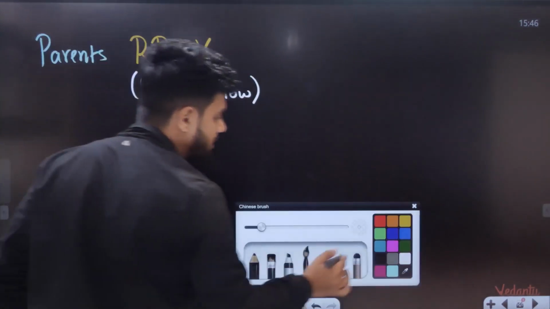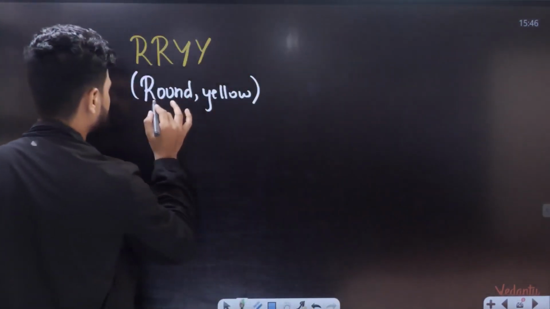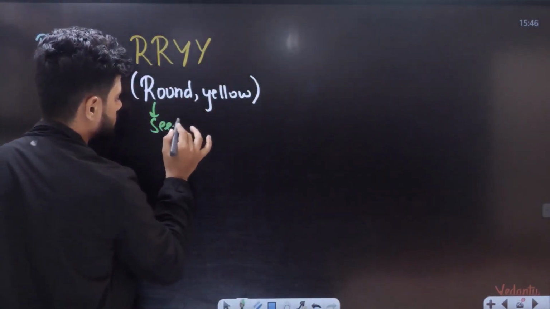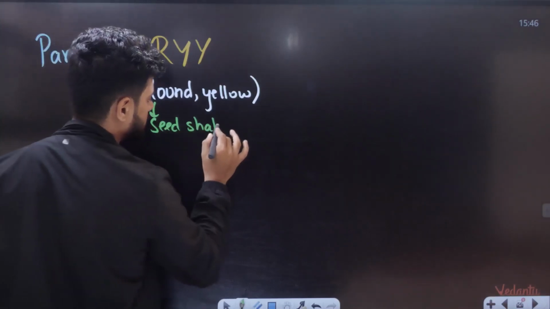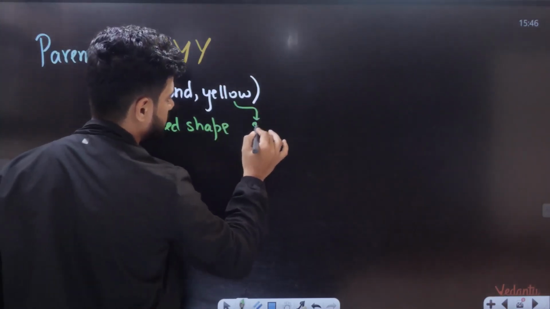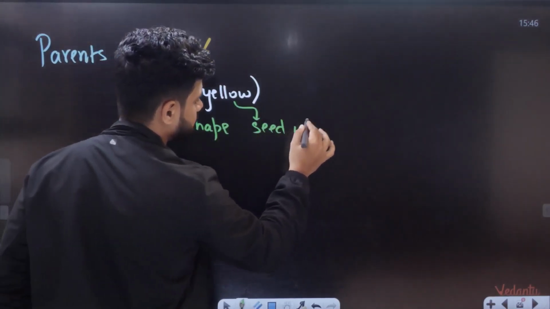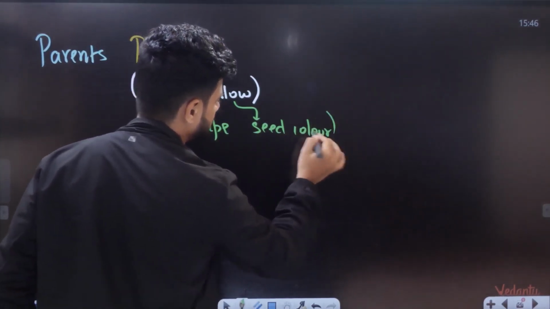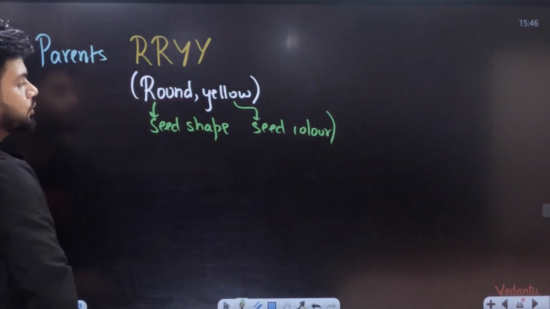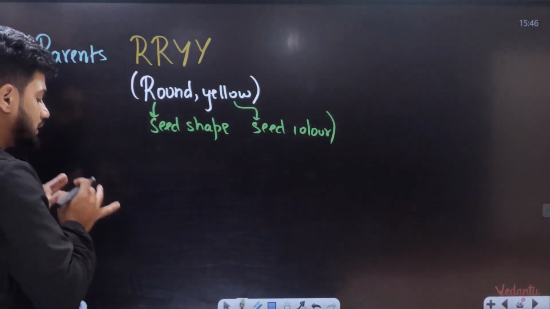So here we have seed shape and seed color, and both are said to be dominant here.